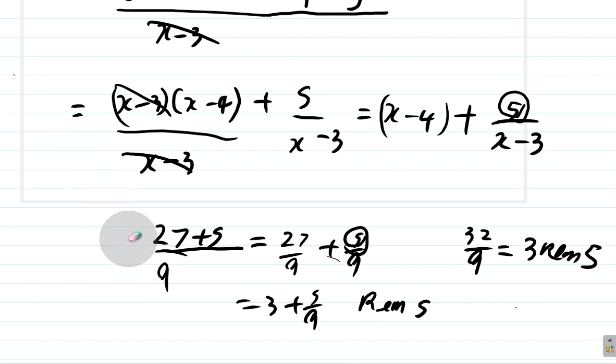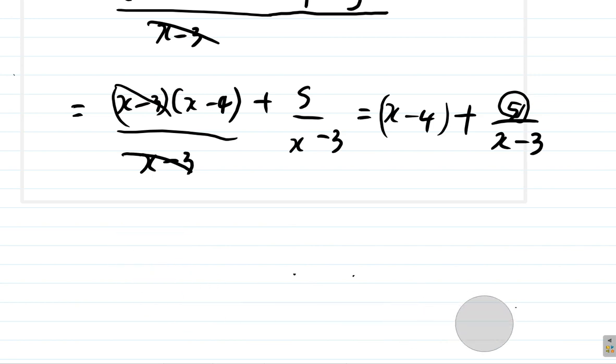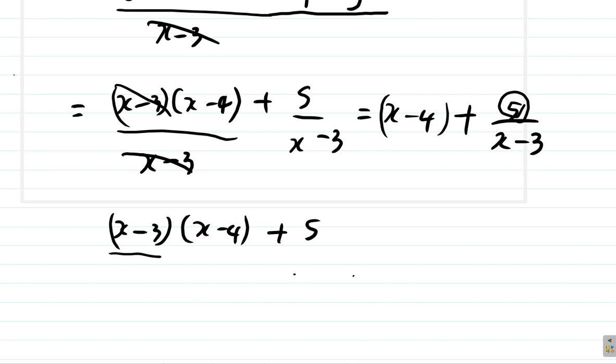Now let's look back at what's happening up here. What we have here is x minus 3 times x minus 4 plus 5, all divided by x minus 3. Now, remember what the remainder theorem says.